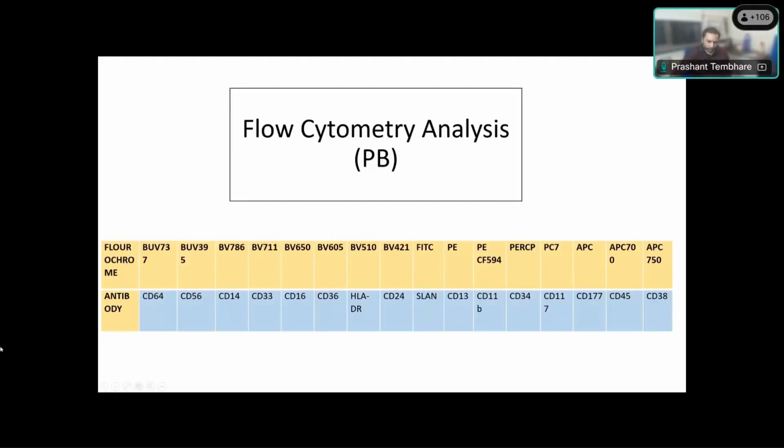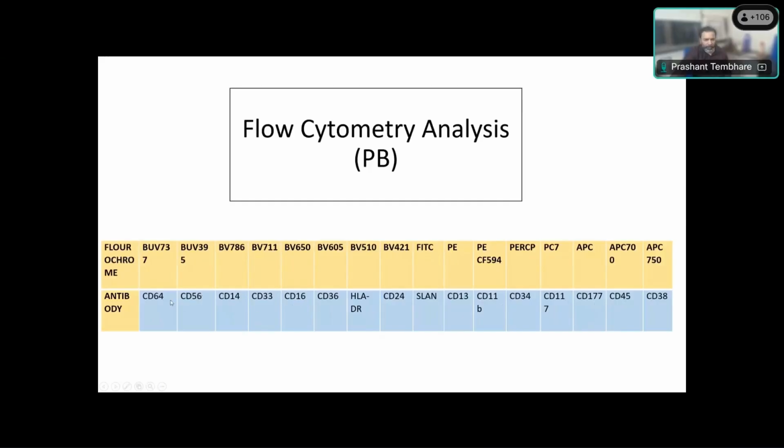In this 16 color tube, we have included both myeloid markers and blast markers, like CD34 and CD117. We have markers of myeloid cells, CD13, then CD11b, CD16.